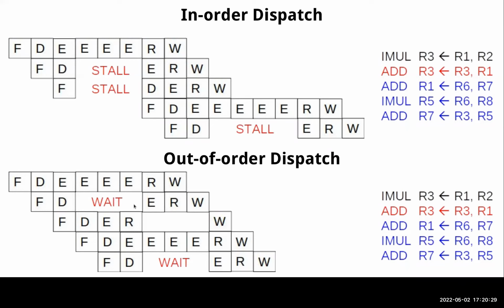So the second instruction is not executed yet. The execution unit is not working on it. However, the third instruction has nothing to do with the first two. After fetch and decode, it will execute. So the third instruction actually executes before the second instruction.